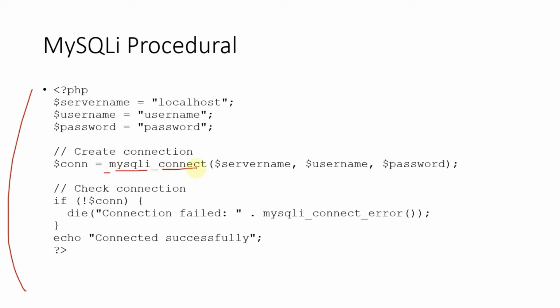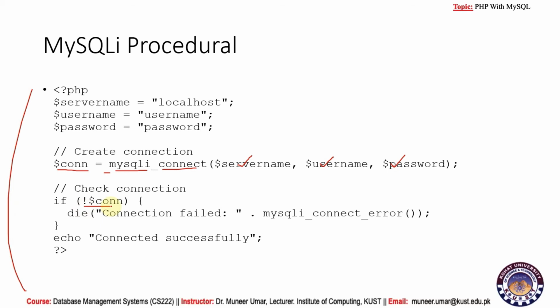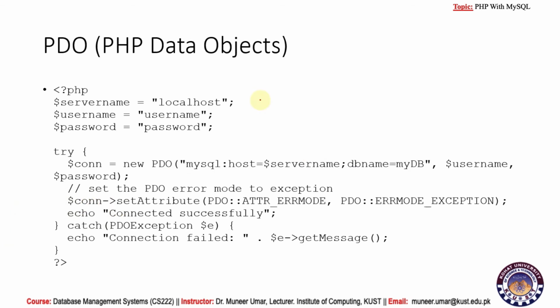It is a function and it also takes three parameters, and this function returns something to CONN. And inside the if statement we have also some minor changes. If you compare it with the previous code, you can use any of these two codes.